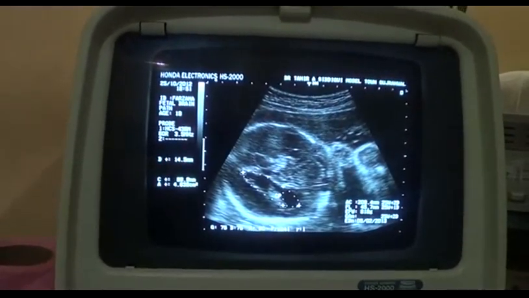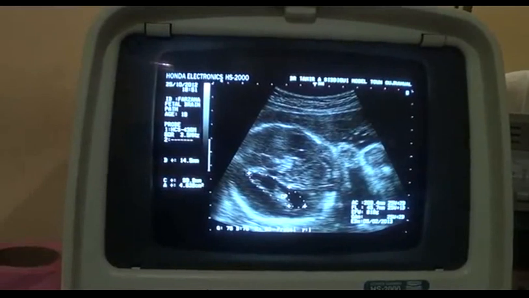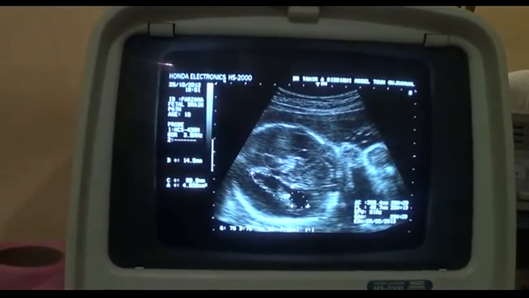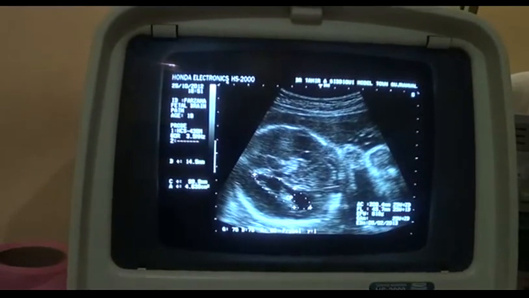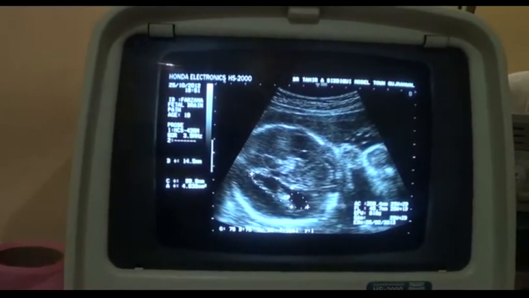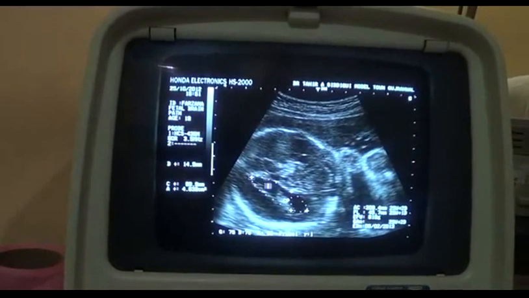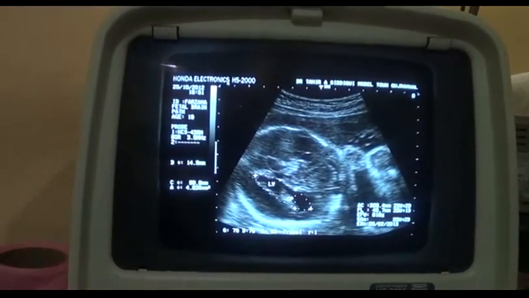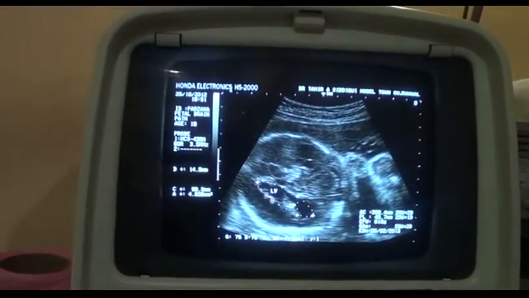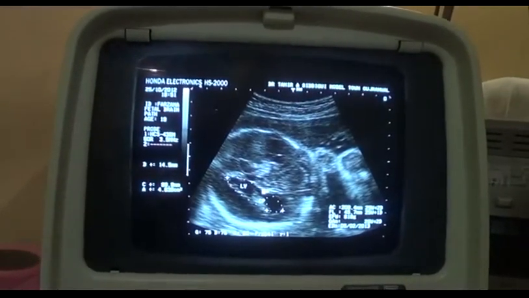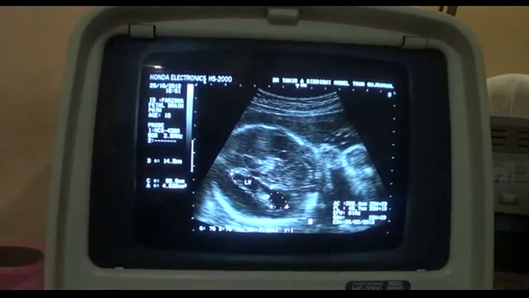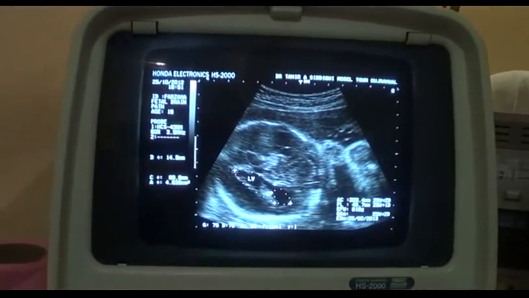The choroid plexus is 14.5 millimeters. Anything above 3 is considered to be abnormal. So this is the lateral ventricle, this is the choroid plexus. It's dilated, approximately 14.5 millimeters. Normal should not exceed 3 millimeters.